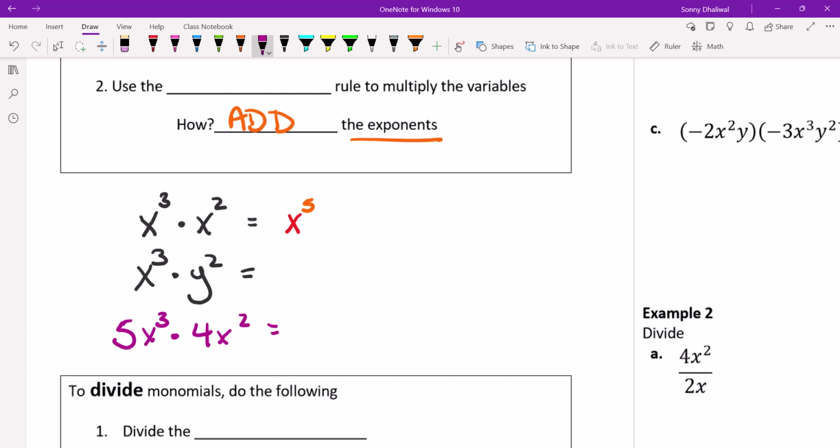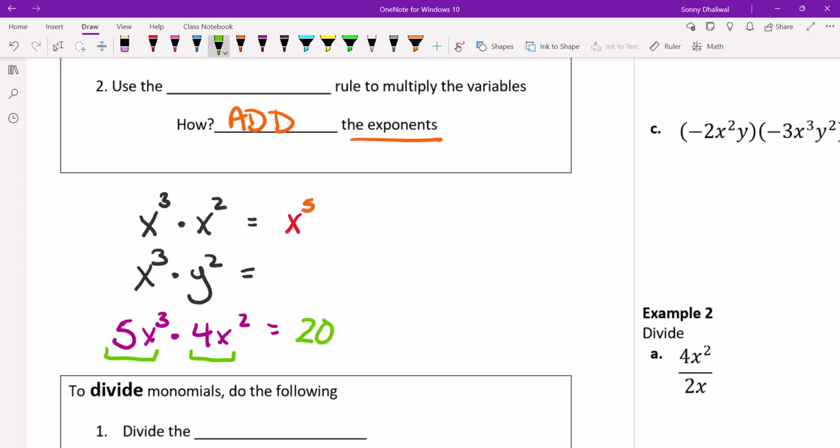So we're multiplying, think of terms. This one with this one. Like with like. So if we have the 5 and the 4 being multiplied, what number do we get? 20. 5 times 4 is 20. Okay. Then you move on to the variables.